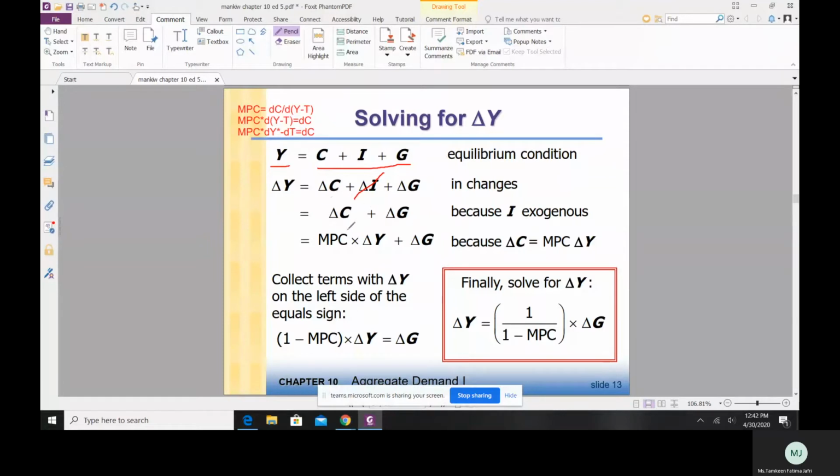C को मैंने क्यों रिटेन रखा है? अभी मैंने एक्सप्लेन किया कि जब G तब्दील होता है, when government spending changes, initially Y changes, which in turn affects C. तो इसलिए मैं assume नहीं कर सकती that change in C is constant.